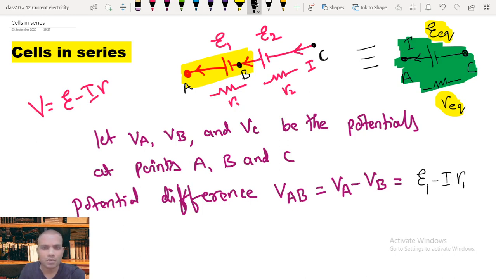I is the amount of current, the same current flowing through the two cells. That is the expression.